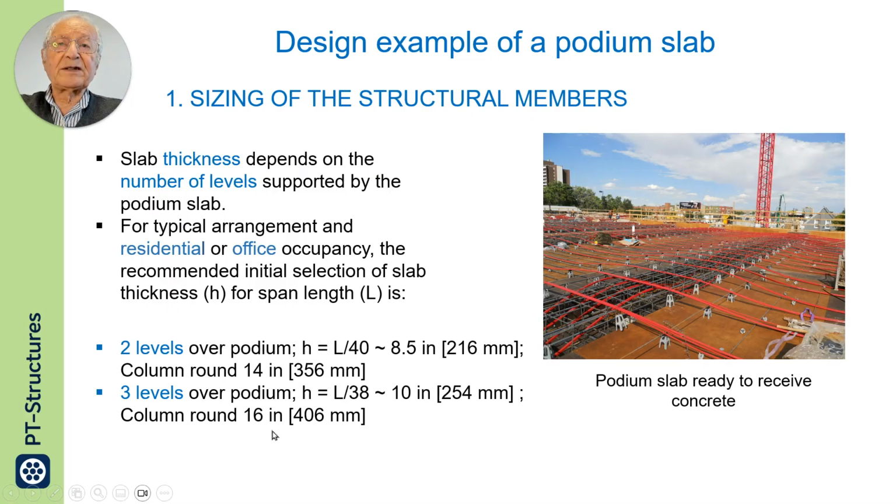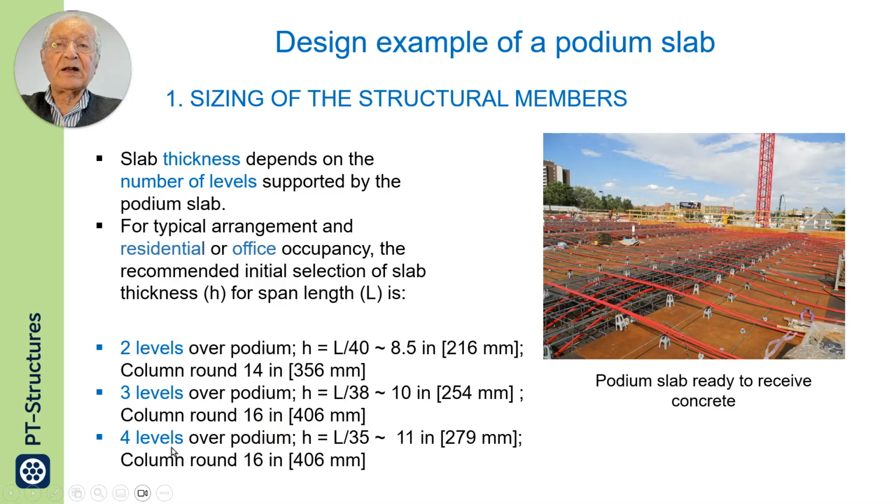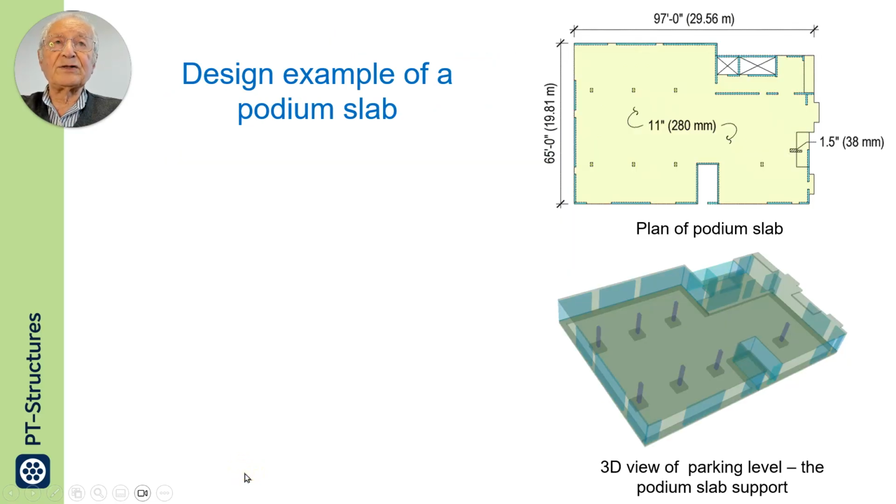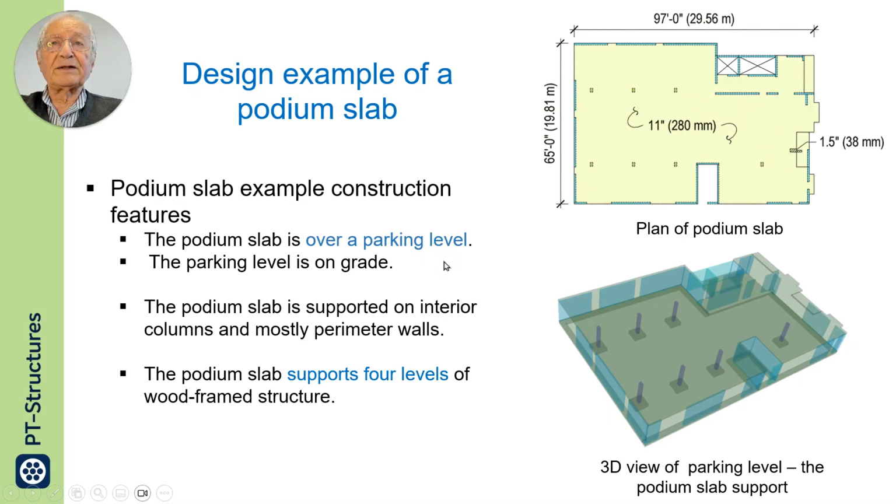Column size 16 inches. If 4 levels are supported, then it will be span over 35, and the columns around 16 inches. The example I have selected is shown on the right. It has a slab on grade for parking, and this is the podium dimension on the right.